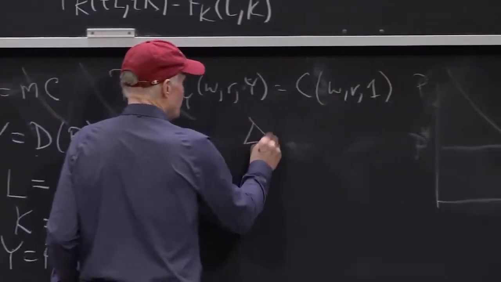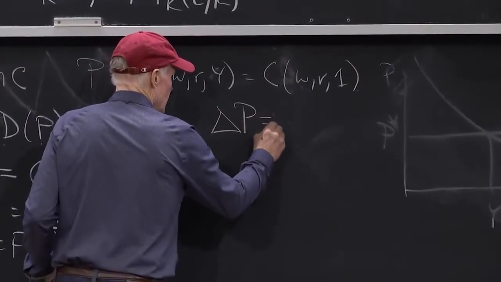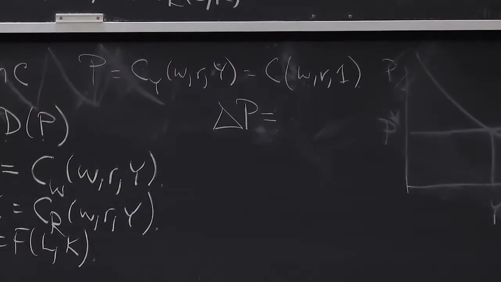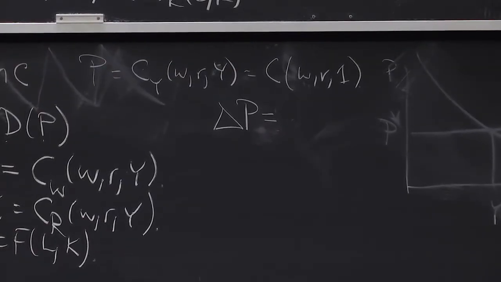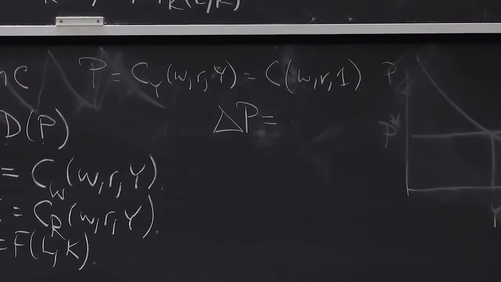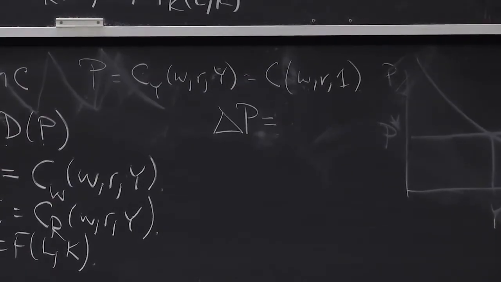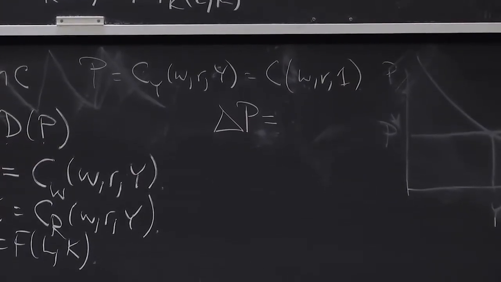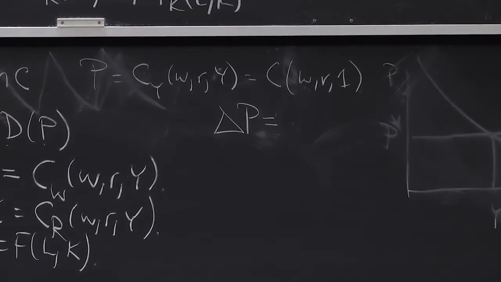I'm going to get delta P equal to what? What's delta P with constant returns to scale? Delta P has to be equal to what, in terms of the change in W and R? If W and R are changing, let's assume W and R are changing exactly. I want to study factor demand.